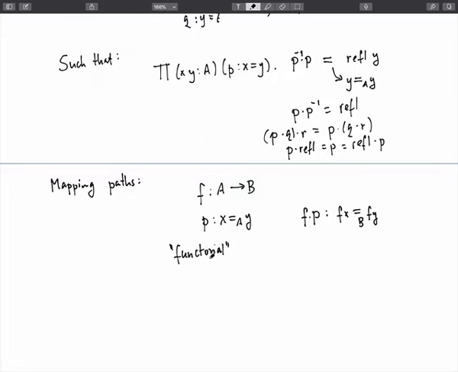When people say functorial, what they mean is it preserves identity and composition. So this means that f of REFL of x, which was in A, is going to be REFL of f of x in B, and f of pq is going to be f(p) f(q).